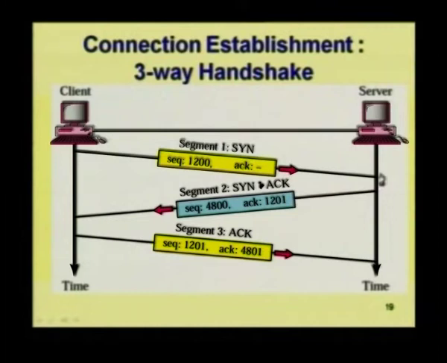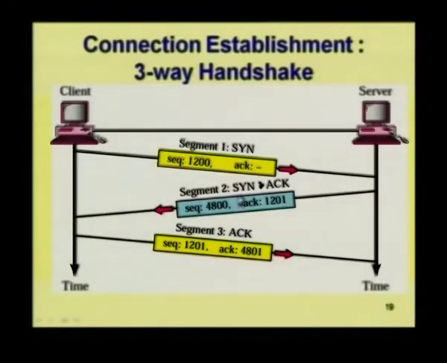On receiving the SYN packet, the server will respond by giving an ACK saying that it has received the SYN packet and it is willing to accept the connection. Plus, since we have fully duplex transmission taking place in both directions, the server also sends information to the client saying that I also want to establish a connection to you. So it also sends another SYN.